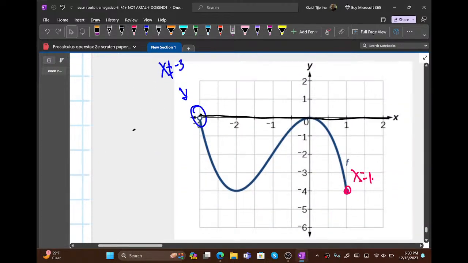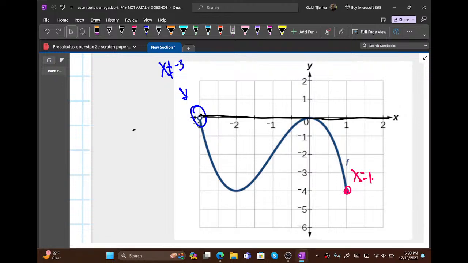That would be the domain of this curve, of this function. I would say it's a piecewise because there's restrictions.